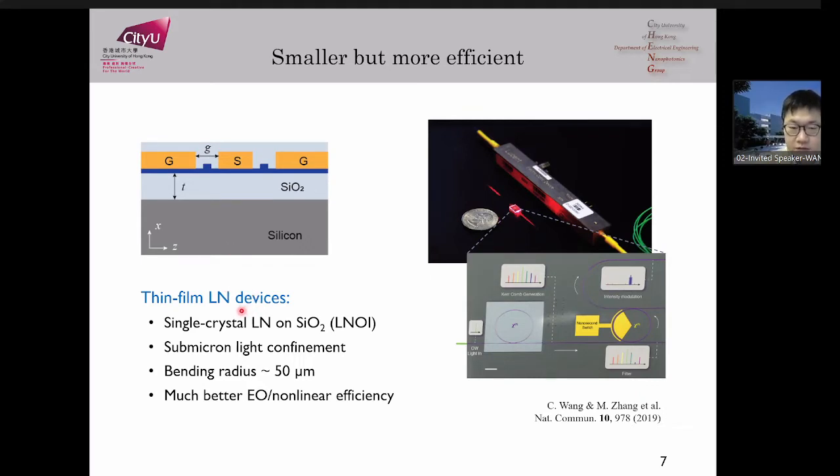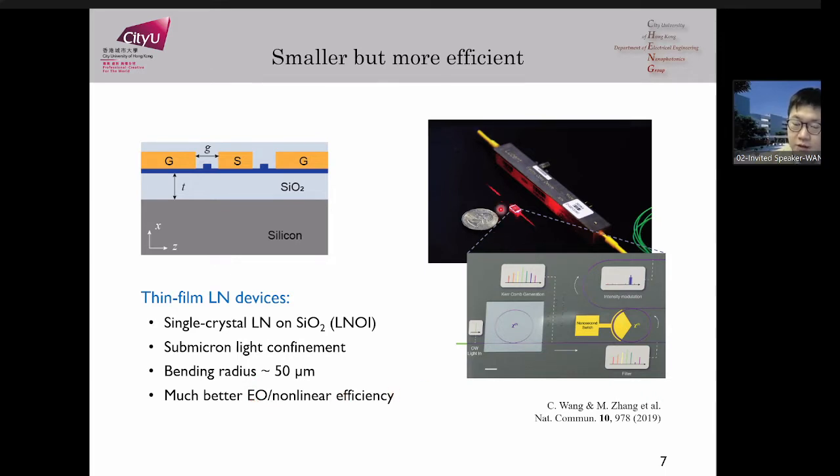So in silicon photonics, you have SOI, and here we're talking about LNOI, where you have a thin lithium niobate film, a few hundred nanometers, single crystal sitting on top of silicon dioxide, right? So that gives you a very large index contrast, much better light confinement and a smaller bending radius. Most importantly, because of the small size of these waveguides, you can now put the electrode much closer, so that you induce a much larger electro-optic and nonlinear optic efficiency, right?